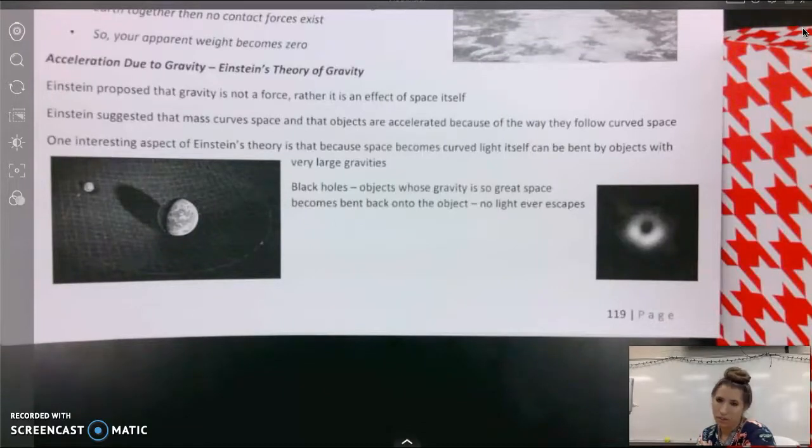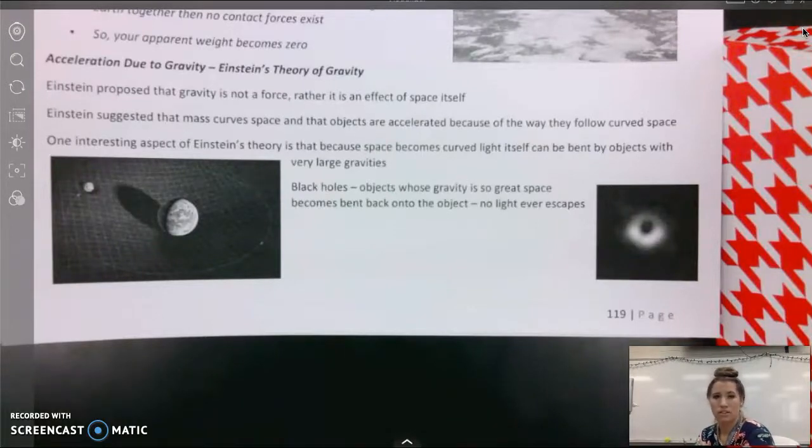Or it's an interaction between items that have mass. But what causes that interaction? What is the reason behind gravity? Why do things fall towards the Earth? Why do things that have mass have an interaction between them? We don't have an answer, but we have some theories and we have some thoughts about this.